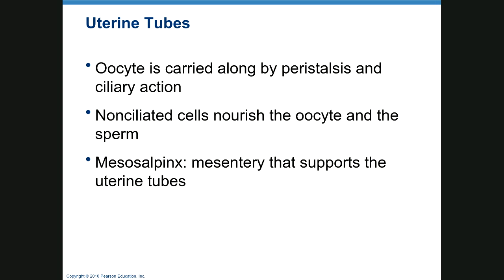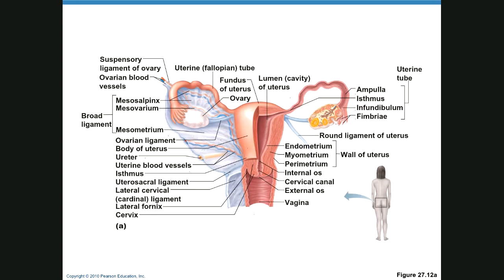Okay, and you also have peristalsis and cilia that move the egg along toward the uterus. There's cells that nourish the oocyte and the sperm, and then I don't know why this is listed here, but there's a mesosalpinx, which is mesentery, fibrous tissue that holds the uterine tubes in place.